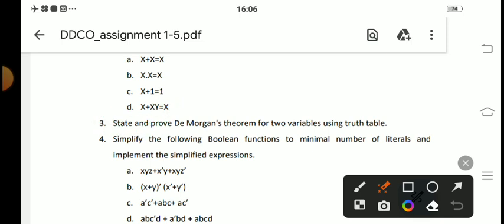We have two forms of De Morgan's theorem: (x·y)' is one form and (x+y)' is another form. They have not specified which form, so you have to write both forms, and you have to prove both for two variables.